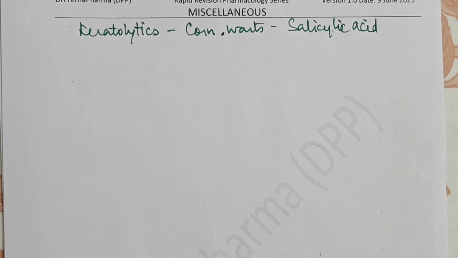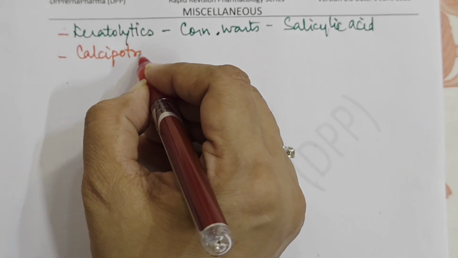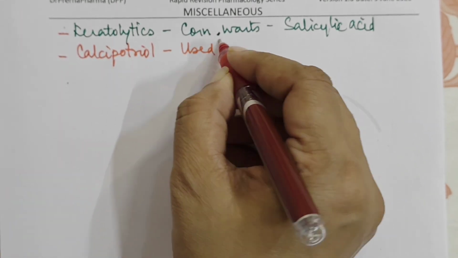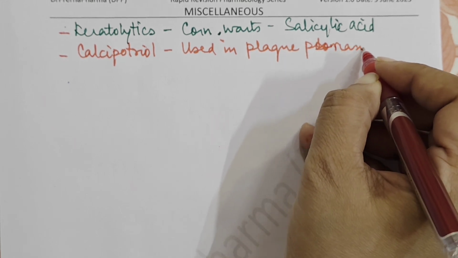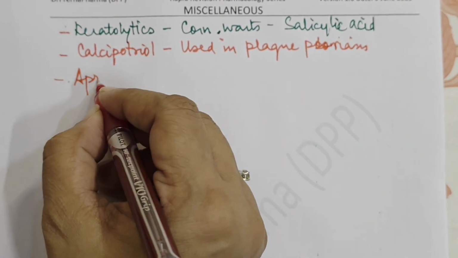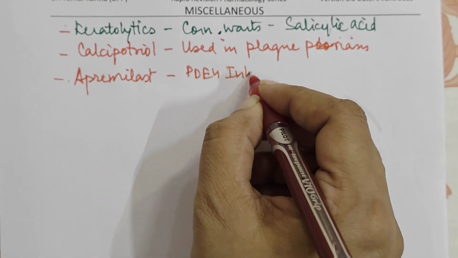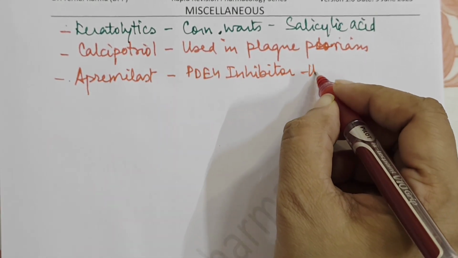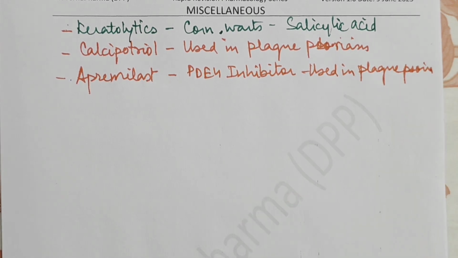Okay. Then there's a drug called calcipotriol. This is used in plaque psoriasis. Okay. Then a new drug is there, apremilast. Apremilast is a phosphodiesterase 4 inhibitor, and this is also used in plaque psoriasis.